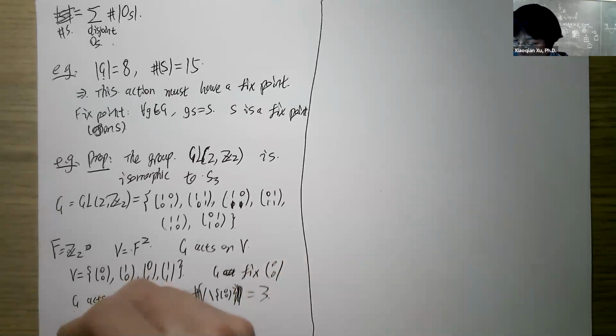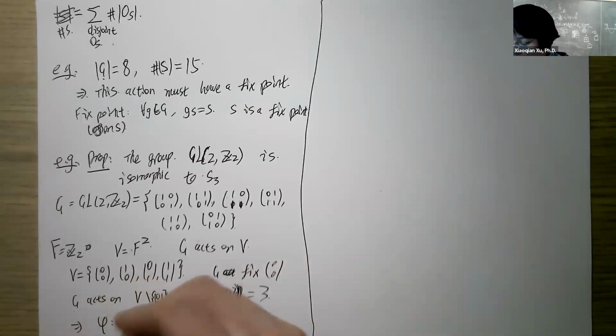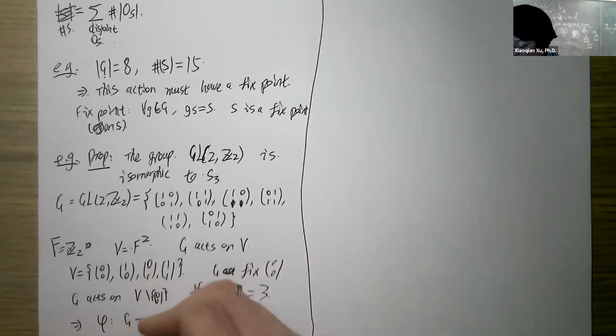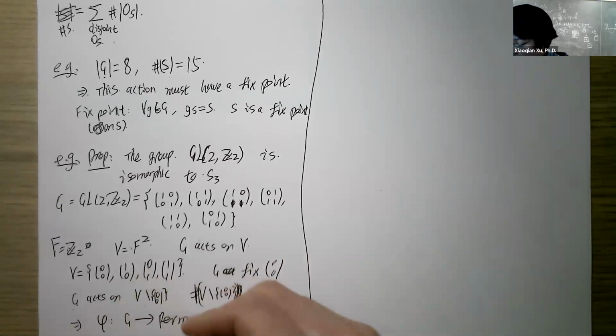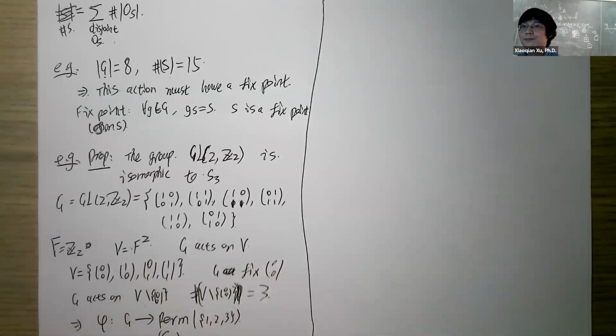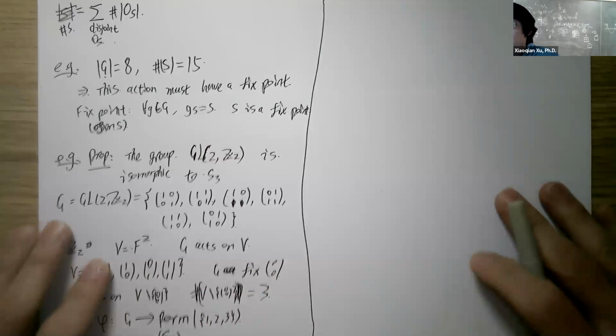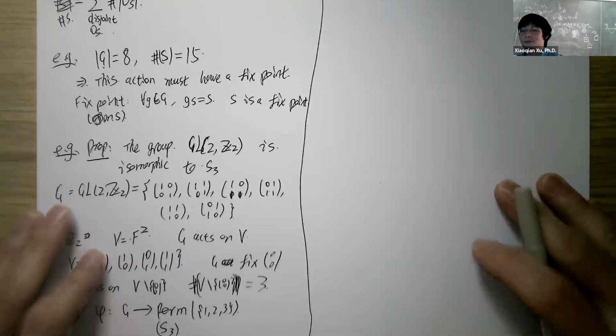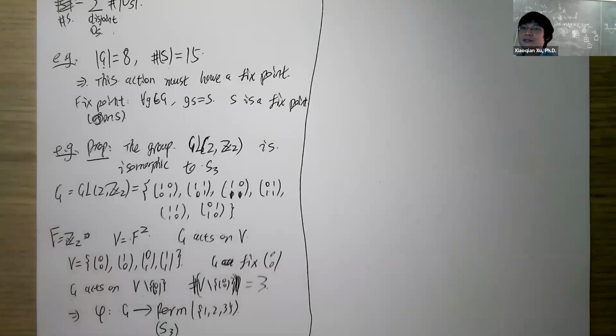So there is a homomorphism phi from G to the permutation group of {1, 2, 3}, or S3. This is by the definition of group action.